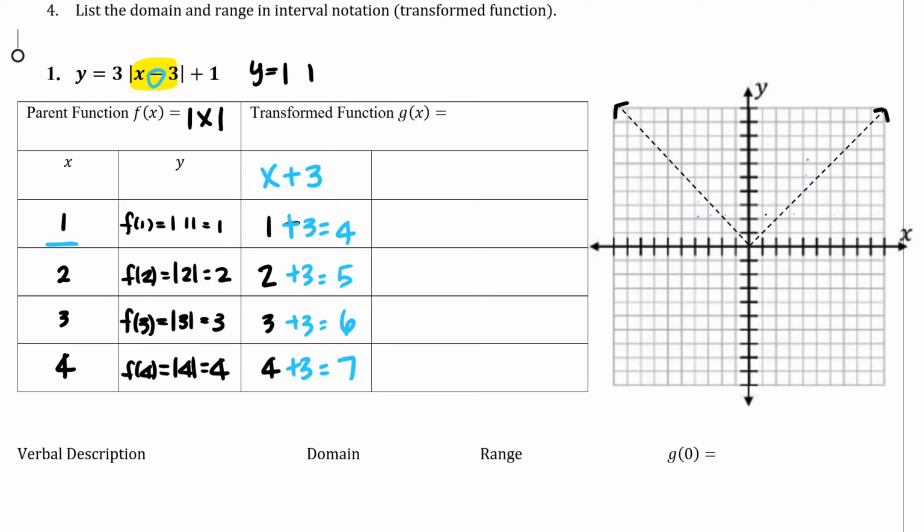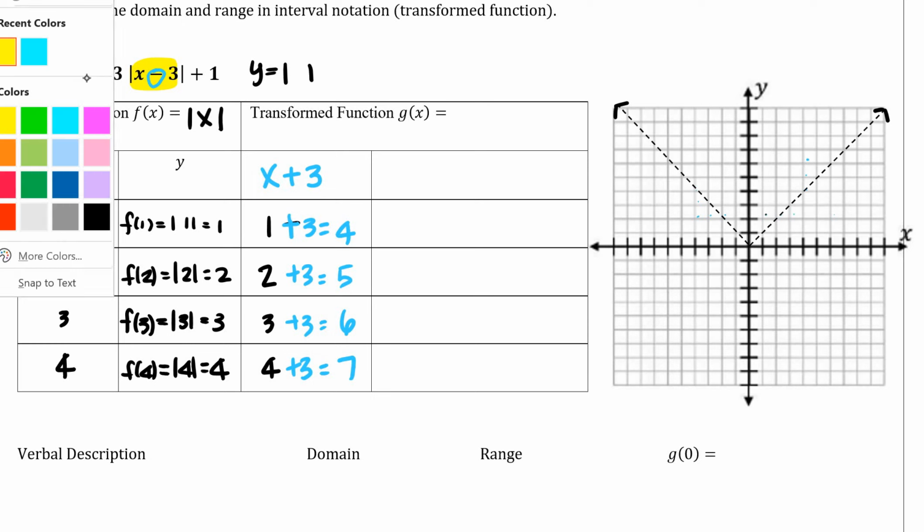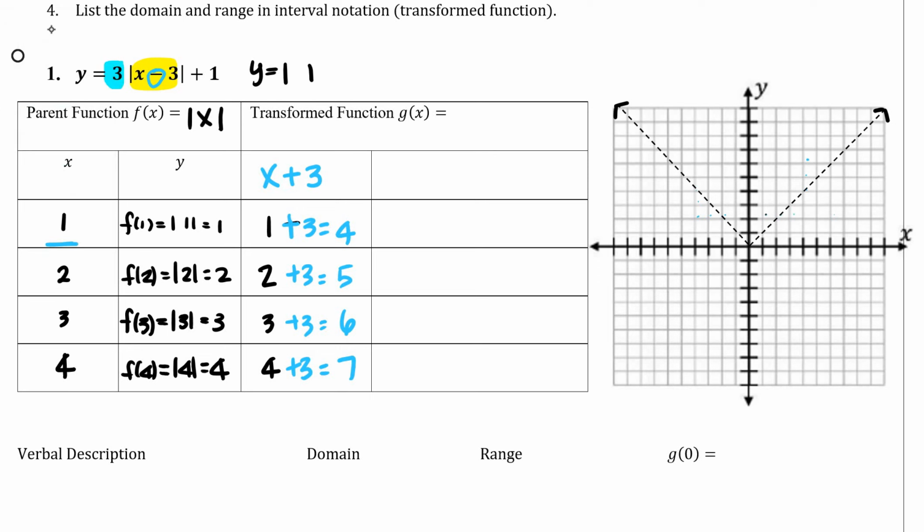And then the y transformation, outside, let me use a different highlighter. This is a vertical stretch in this case, and then a move up. So it is 3 times the y value, and then up 1. My original y values from the parent function were 1, 2, 3.